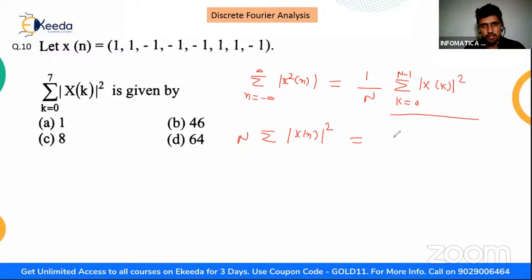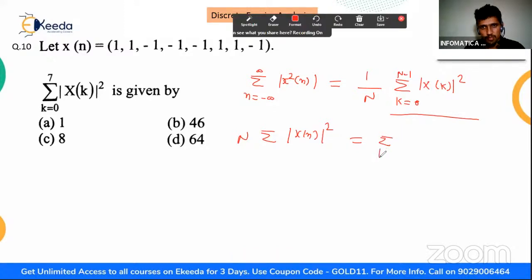So you can simply say, in our case, there are 8 points. This is 0 to N minus 1. So 8 multiplied by the sum from k equals 0 to 7 of X[k] mod squared.